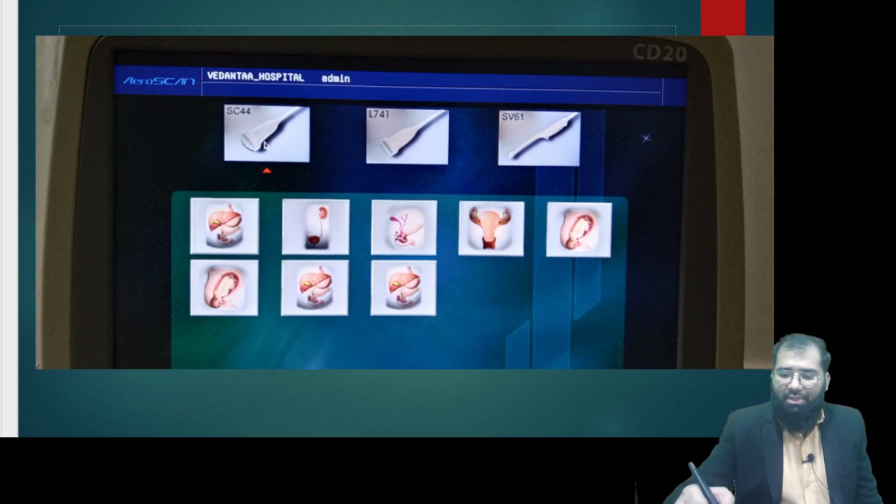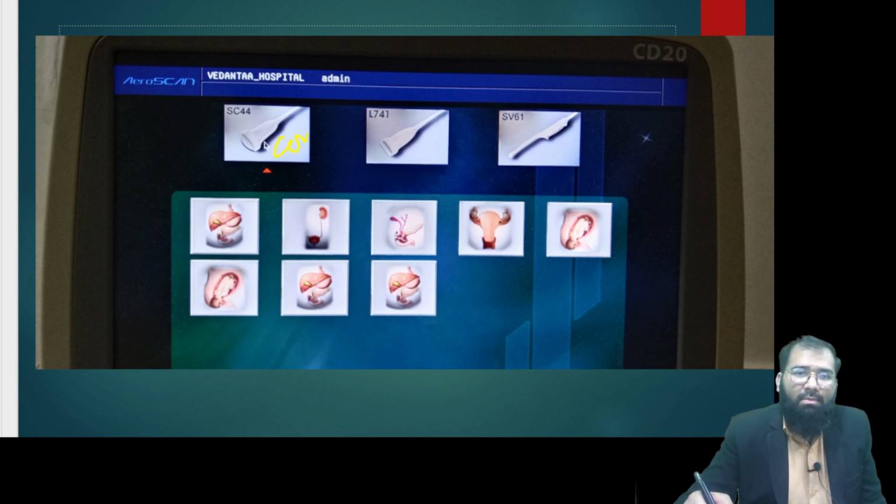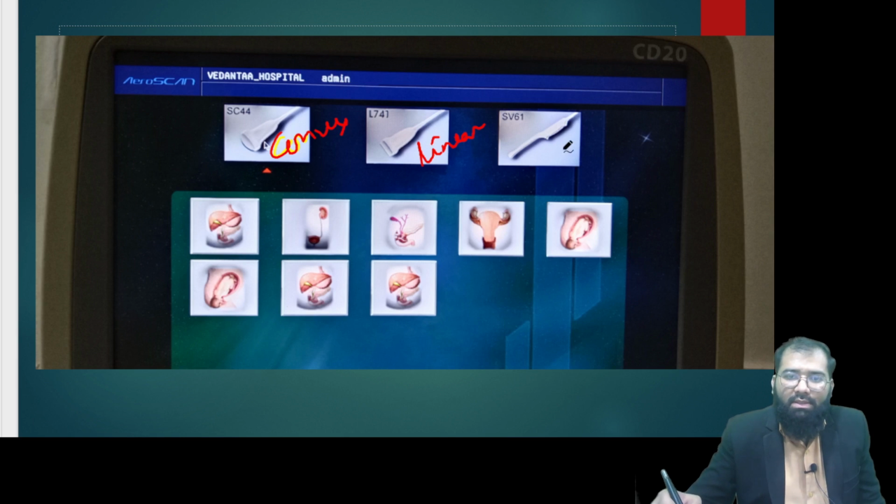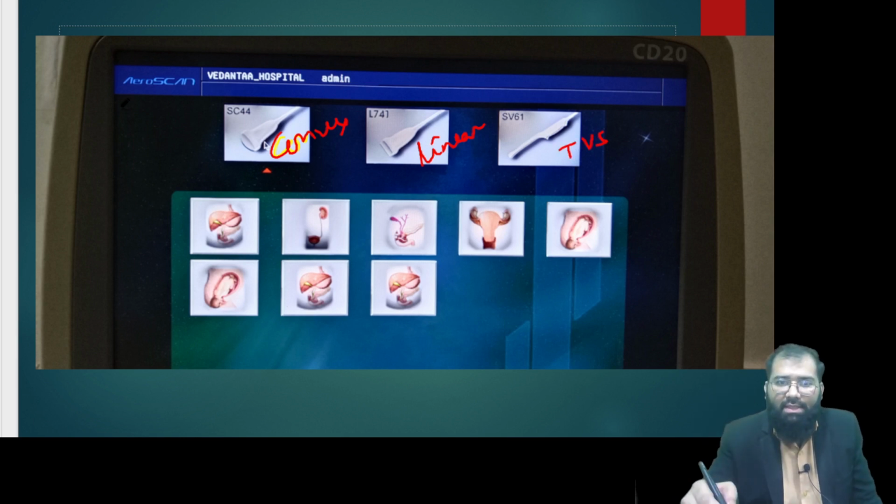Like in this machine, there is a system where you select the probe. This is the convex probe, let me make it red. This is the convex probe, this is the linear probe, this is the TVS probe. Now, first thing is selection of probe.